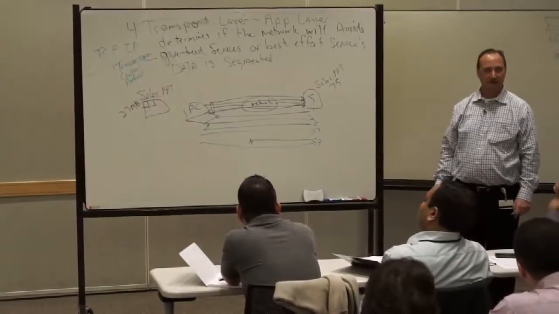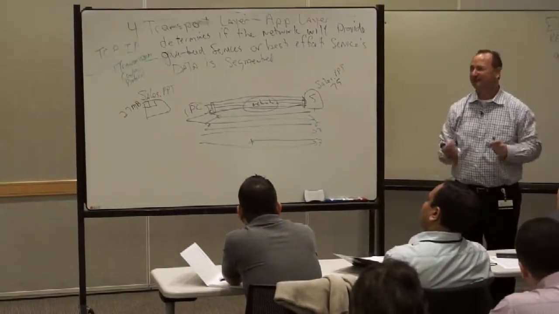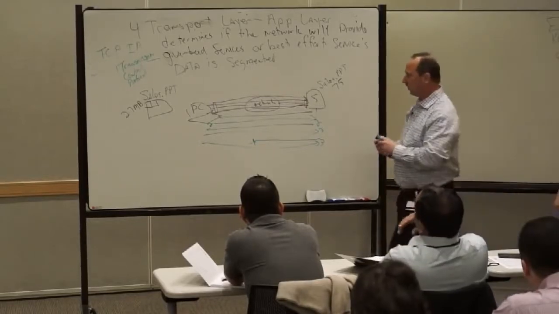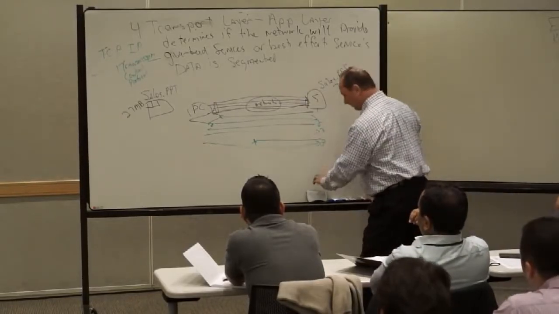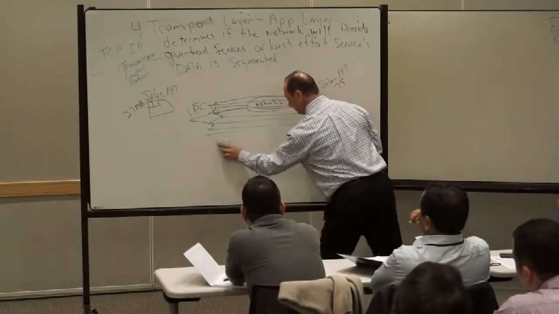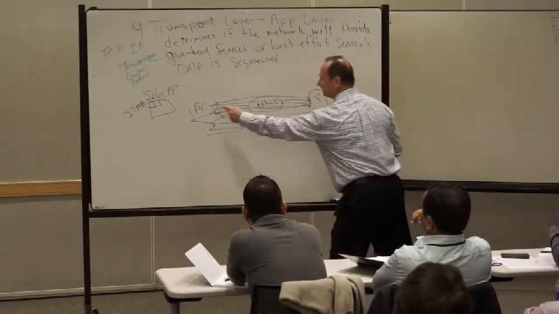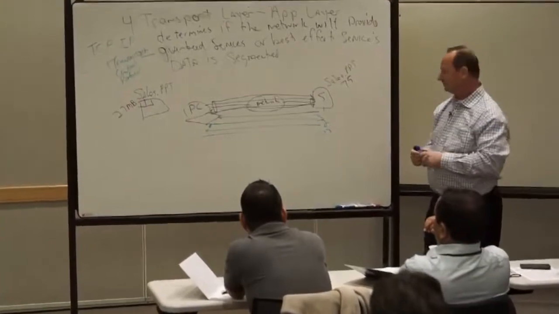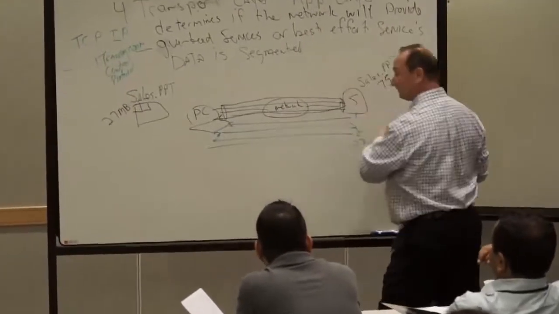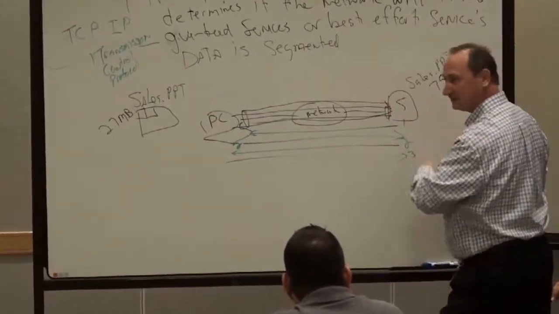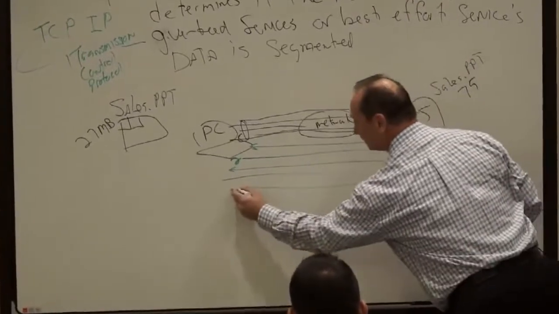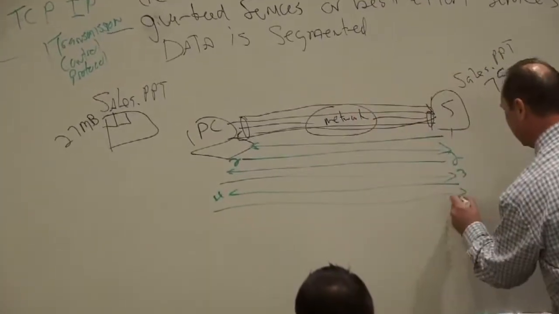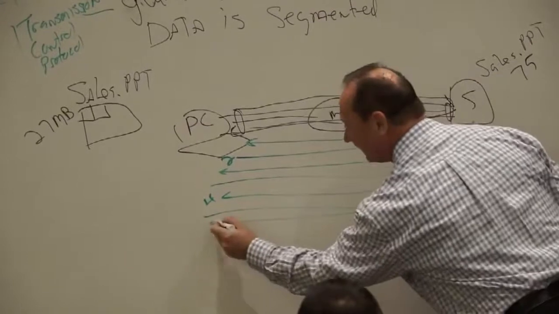Absolutely. Now, we've found a way to cheat this a little bit. If everything works as it should, on each device we have this thing called a TCP sliding window. So if I send 1 across and it works, and I send 2 across and it works, and I send 3 across and it works, he gets 3 and says send me 4, and I say all right, here's 5.